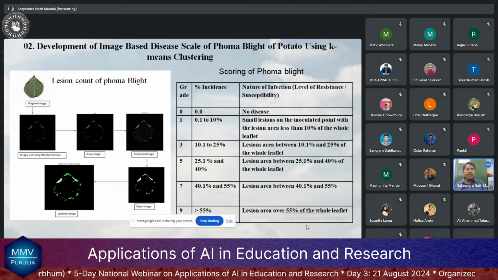What is the effect? The tea yield becomes less. So we applied the same concept: we developed a new disease scale and tested it, and we found that we can reduce the crop loss using this concept.